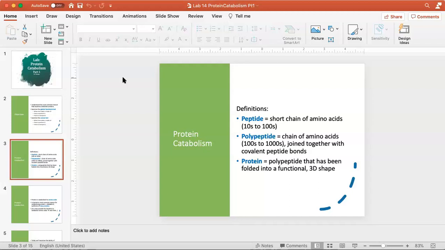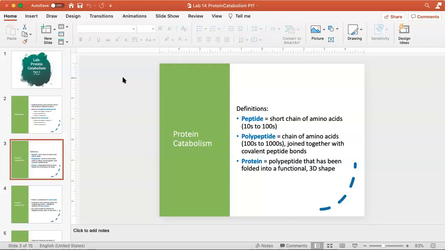This term protein means something very specific in science. It's a particular form of protein. And I'm guilty of sometimes using the word protein when I ought to be using the term polypeptide or even peptide. So we need to know the definitions of these terms and scientifically what they refer to.